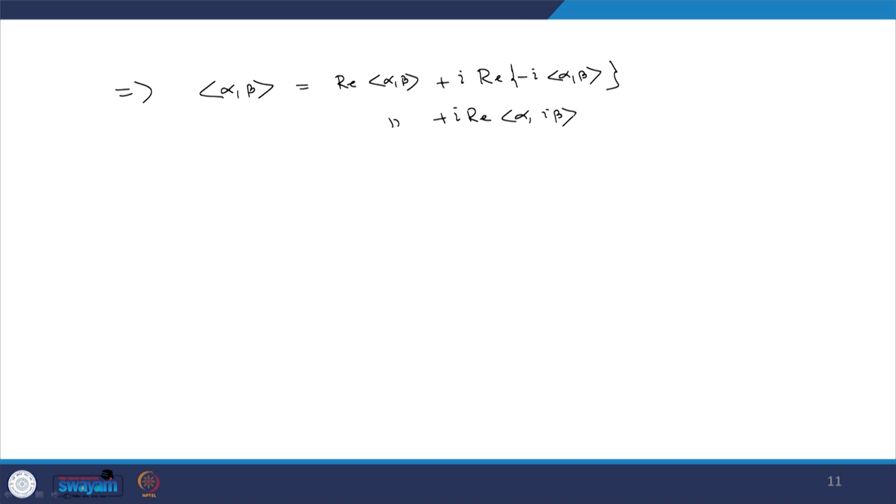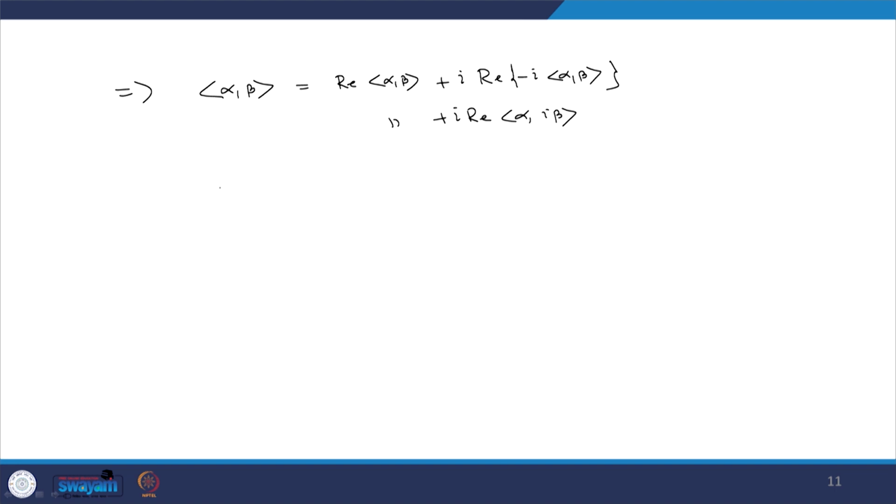So, the inner product of alpha, beta, which is a complex quantity, can be written as the real part of the inner product of alpha, beta plus i times the real part of minus i times the inner product of alpha, beta, which equals this plus i times the real part of the inner product of alpha and i beta, because from the property of the inner product, the inner product of alpha comma i beta is equal to minus i times the inner product of alpha, beta.